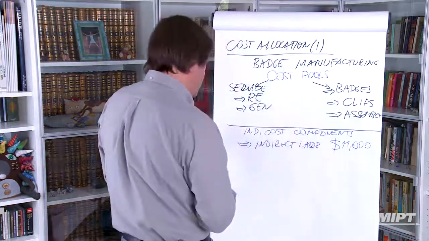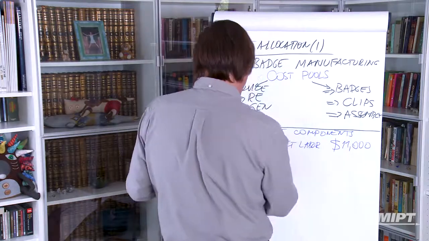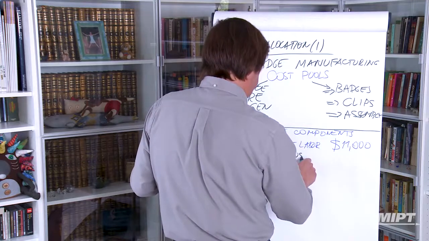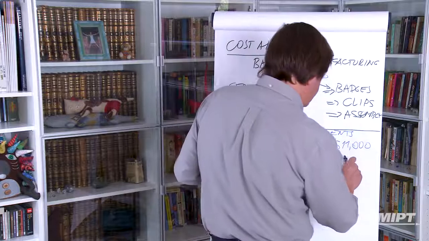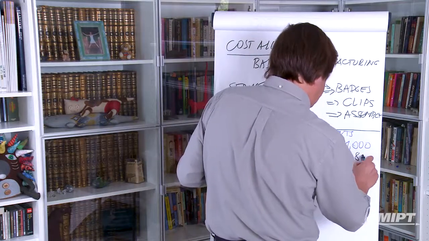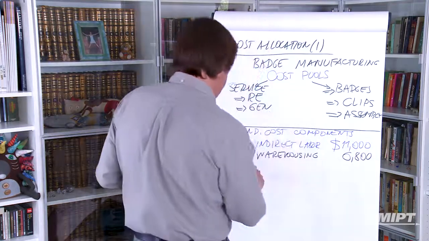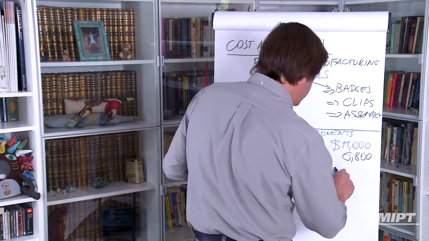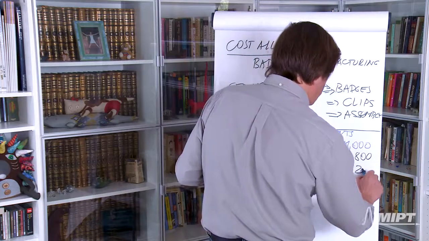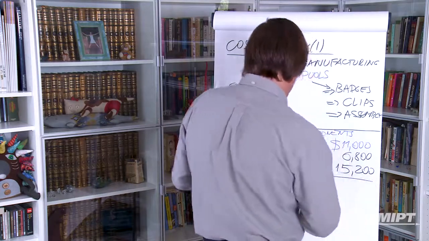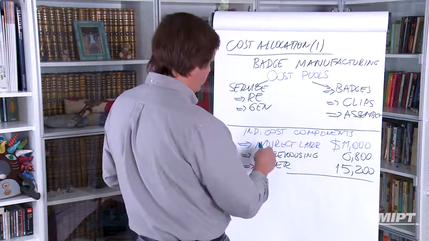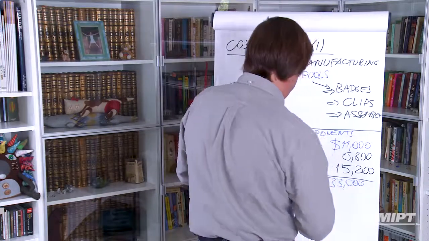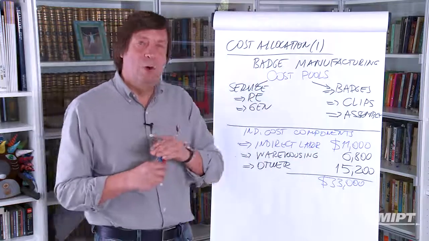Now the next one is warehousing, and this is $6,800. And then other, whatever they are, this is $15,200. That brings the total amount of indirect costs to $33,000.